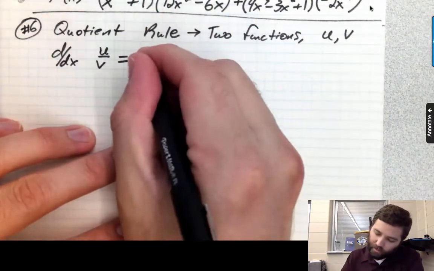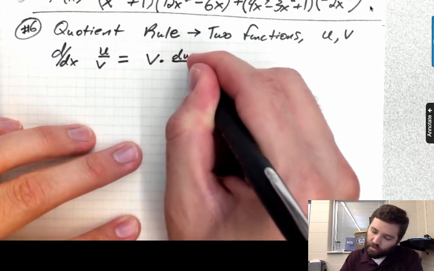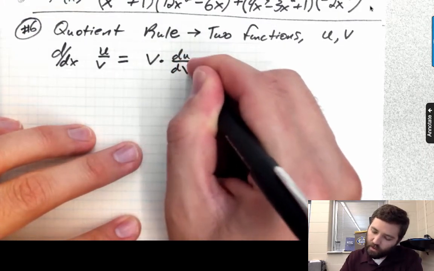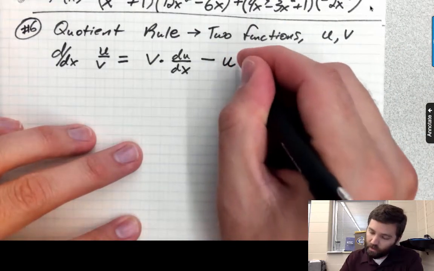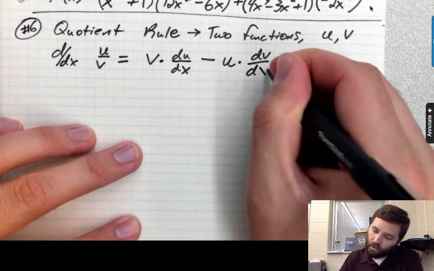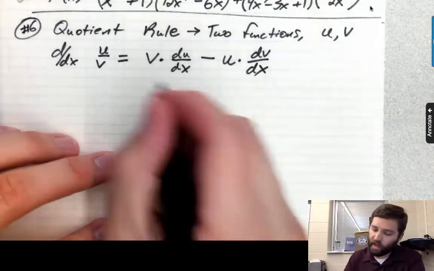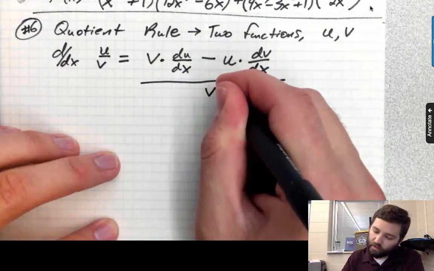It is the bottom times the derivative of the top, so v du dx, minus the top times the derivative of the bottom. Okay, all of that divided by the bottom squared.